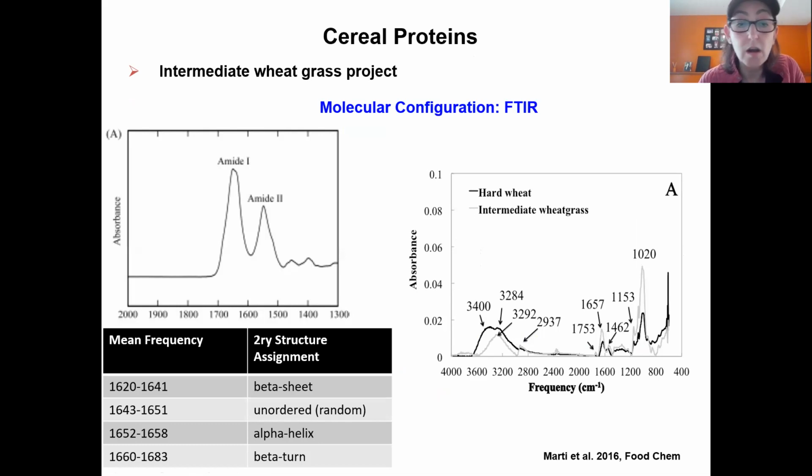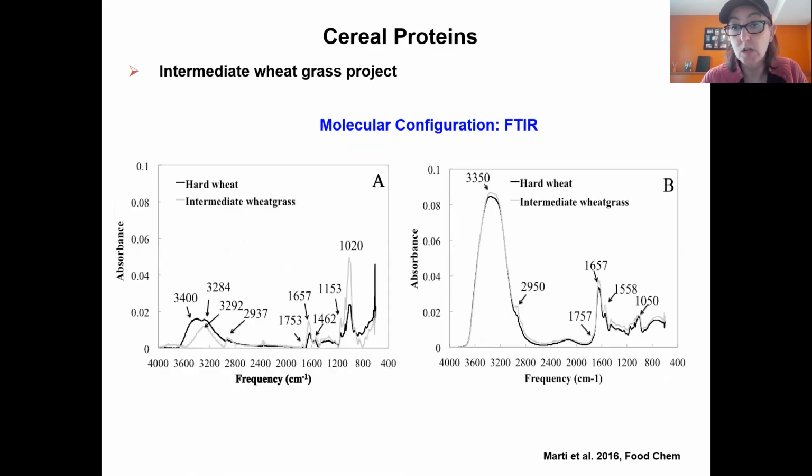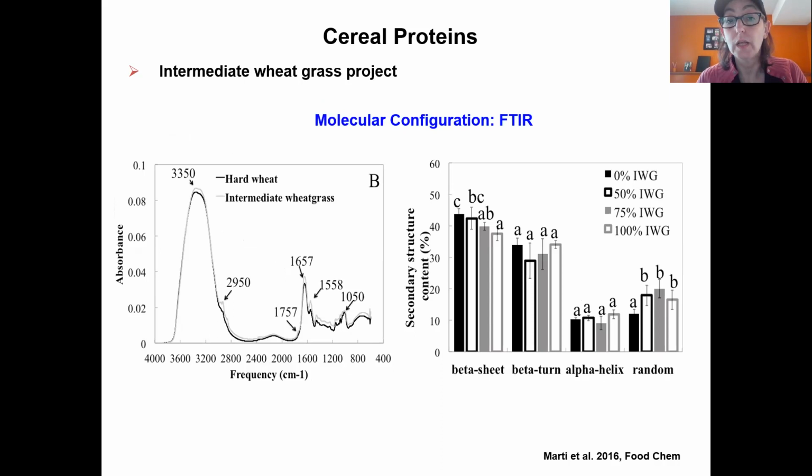So we did FTIR and looked at the secondary structure. This here on the left is the flour, and here on the right is the dough, and you can see this huge peak due to the water absorbing in FTIR. So we did correct for the water and deconvoluted the amide 1 peak, and we found that intermediate wheatgrass has lower beta sheet than wheat.